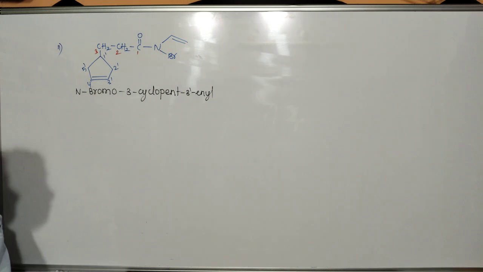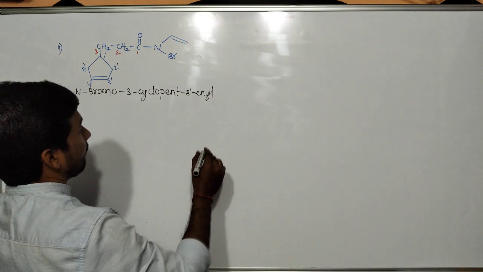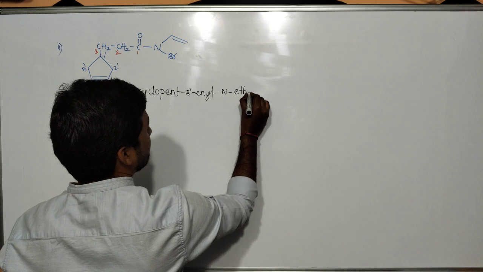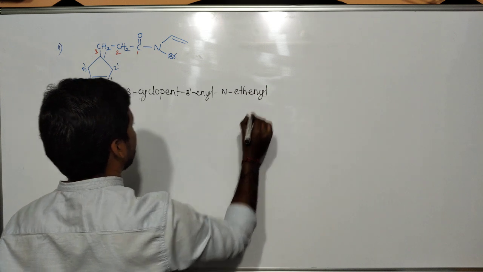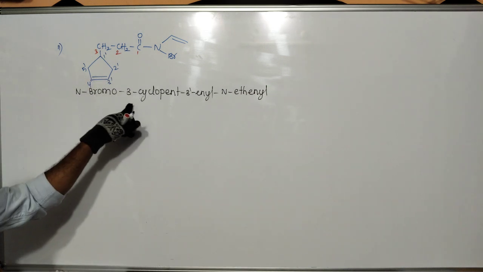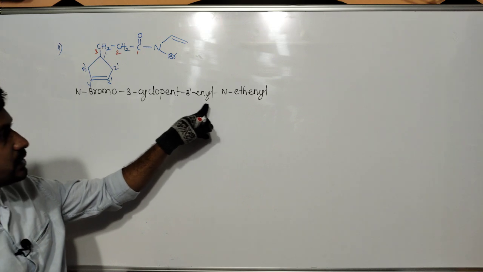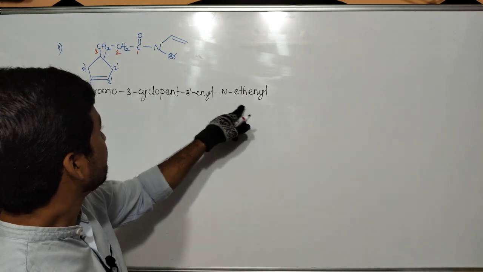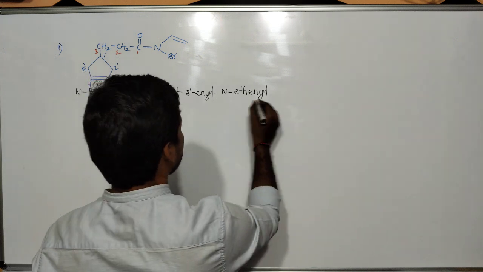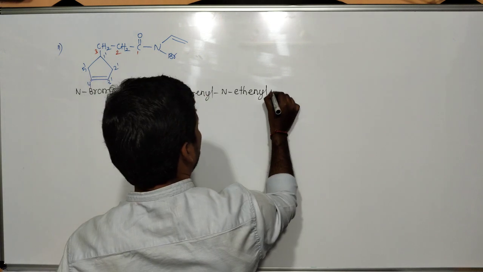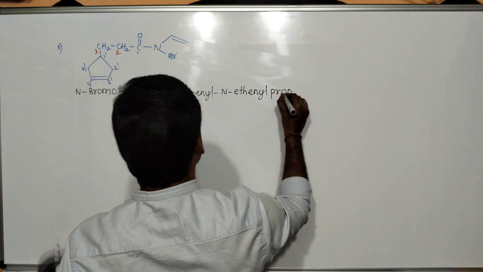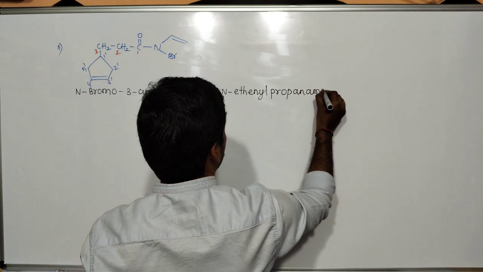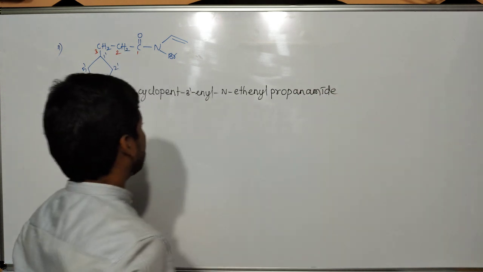Cyclopent-3'-enyl, and on nitrogen ethyl. N-bromo-3-cyclopent-3-enyl, N-ethyl. This is prop, 3 carbon atoms are present here, propanamide. This is the IUPAC name of this molecule.